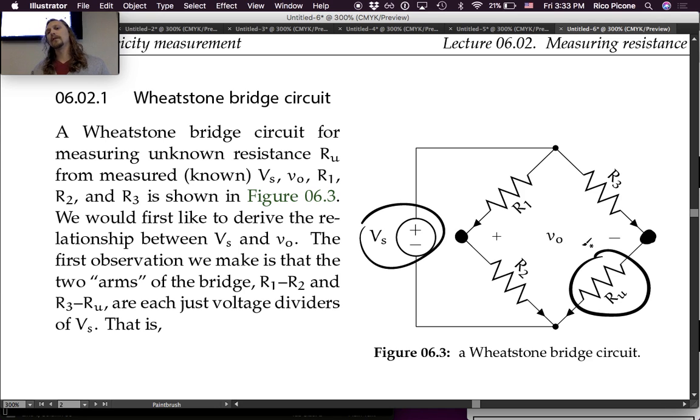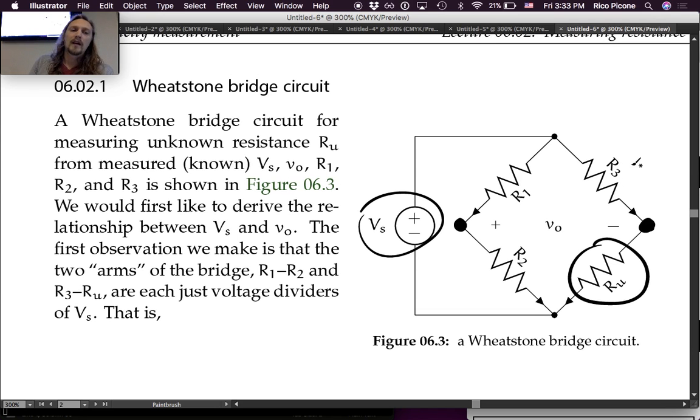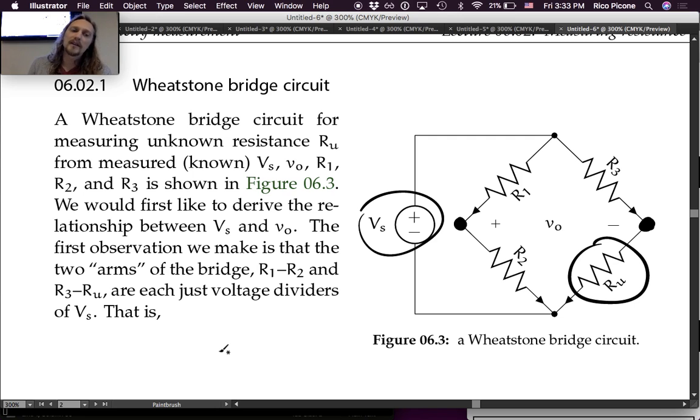The first observation we make is that there are two arms of the bridge: R1, R2 is one branch, and then R3, RU is the other branch. So this arm of the bridge, and then this arm of the bridge.